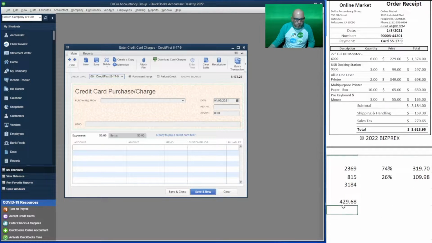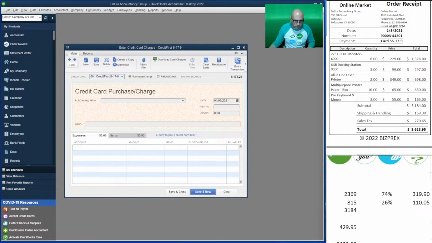And then let's see, the total would be. Now we've got to make sure that we actually end up at the total that we want to allocate. All right, here we are, and we end up with the total 3,613 that we're trying to allocate. That's good. So those are our two amounts. This is our computer equipment, and this is our expense.